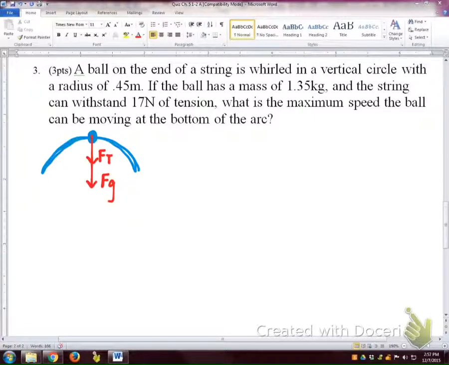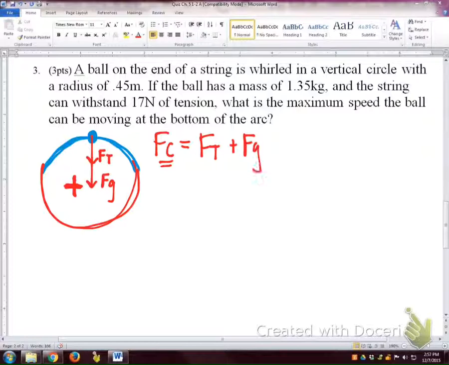Anytime we're looking at uniform circular motion, we consider the center of the circle to be the positive direction, and away from the center to be negative. So when we set up our centripetal force equation, we take the force of tension plus the force of gravity, because they're both going toward the center of the circle.